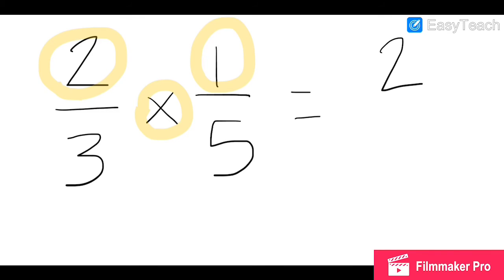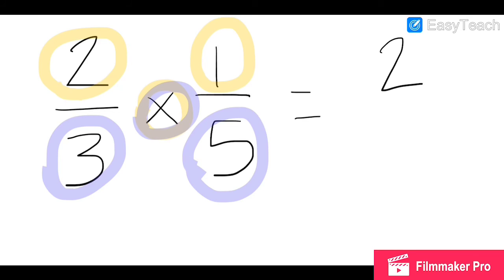Then I could have done my denominator times my denominator to get my new denominator. 3 times 5 equals 15. I get the same answer when I do the area model and when I multiply straight across. 2/15. 2/3 times 1/5 equals 2/15.